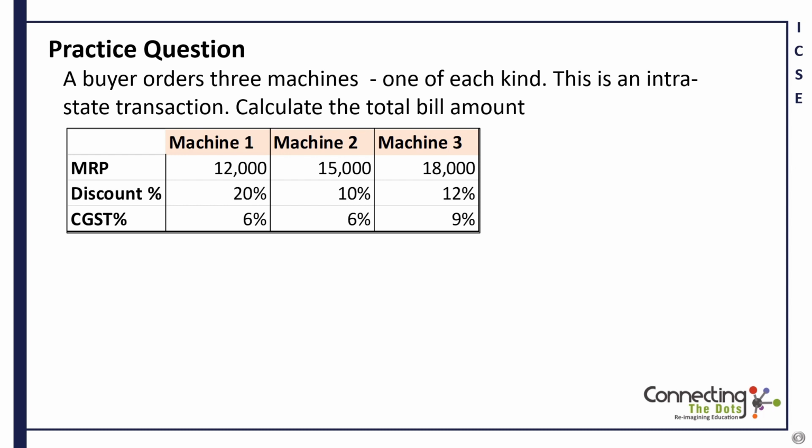So let's do that. We have the three machines, and the MRPs of the three machines can be written here. A tabular form makes it easy to keep track of what we are doing. And then let's calculate the discount by putting the discount percentage here.